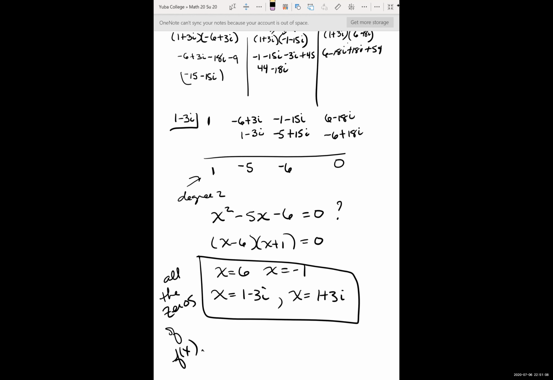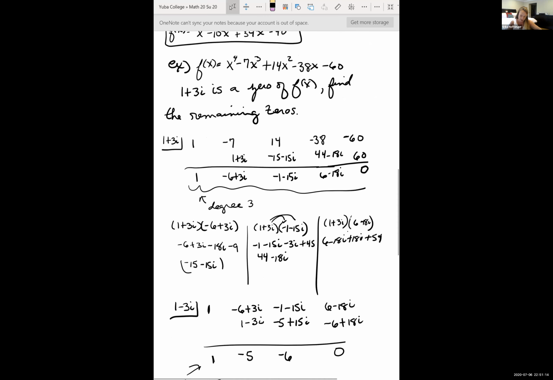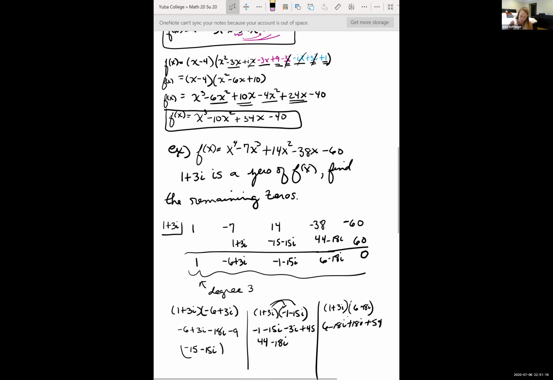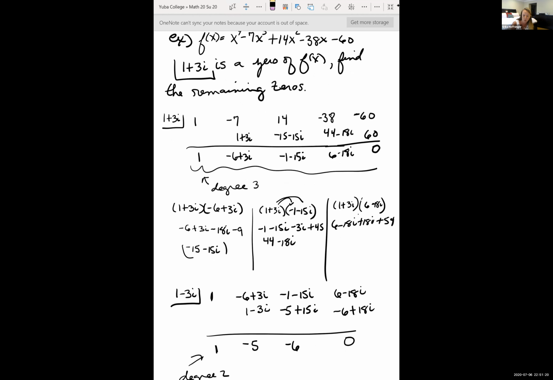So how did we know to do it the second time? Because we were given that 1 plus 3i was a 0. We know by the conjugate pair theorem that 1 minus 3i is a 0. So we were given this one is a 0, so we know one more of them, and so I could do it there.